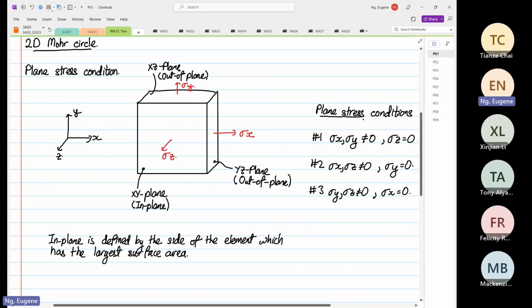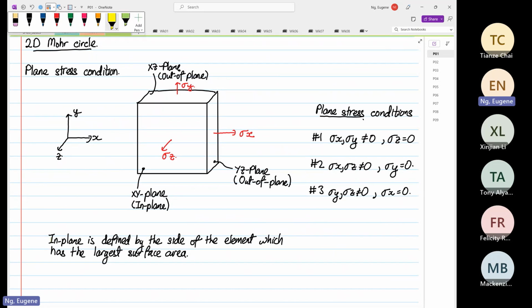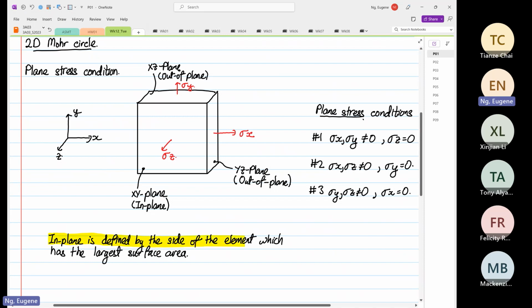More important is this statement I make: the in plane is defined by the side of the element which has the largest what? Surface area. So the one that has the largest surface. In this case, this has the largest surface area, as you can see that I'm highlighting in yellow now. It's the XY plane, so the XY plane is known as in plane.